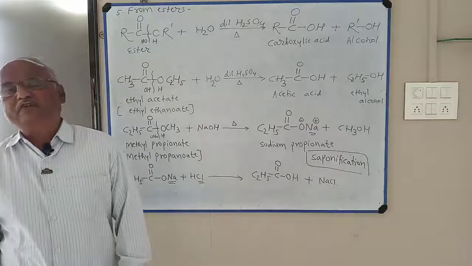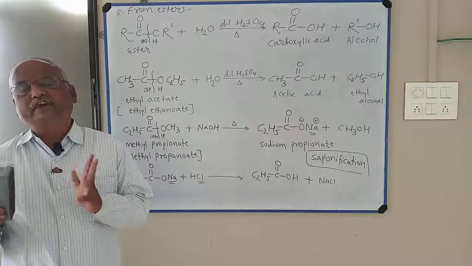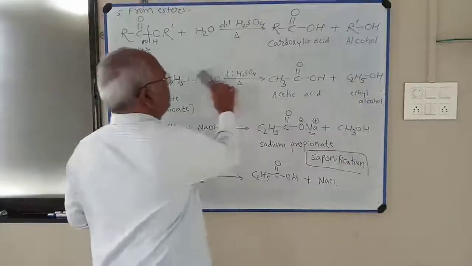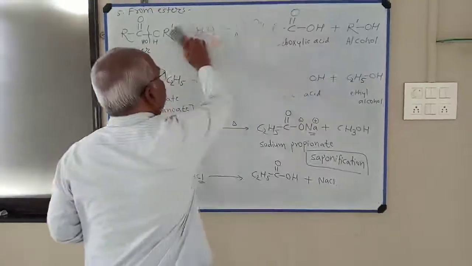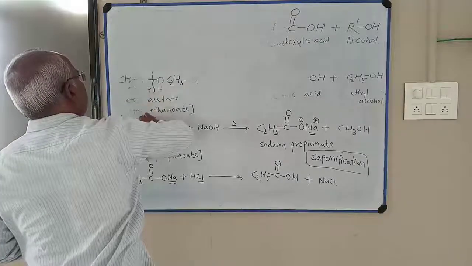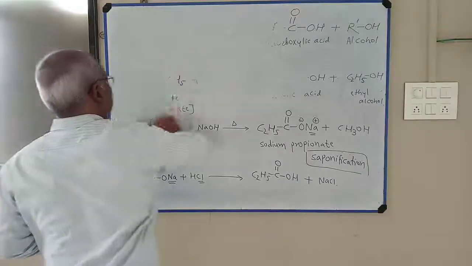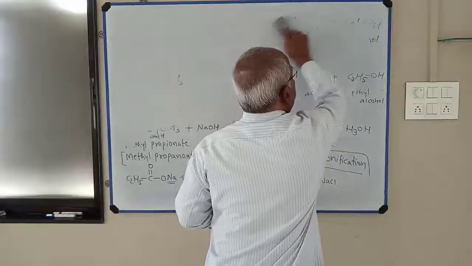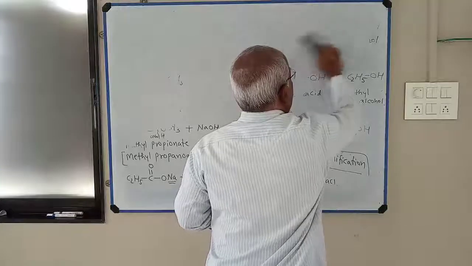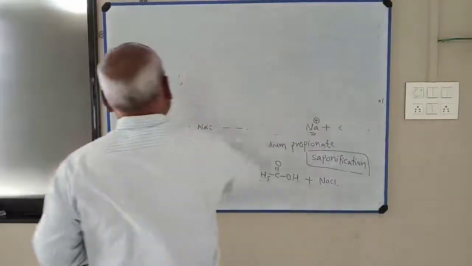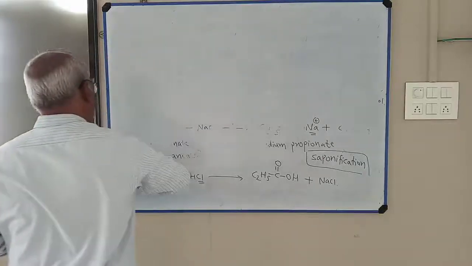So this is about the hydrolysis reaction of ester. After discussing this, in this video I want to explain one more method of preparation by oxidation of alkyl benzene. So try to understand, observe carefully.